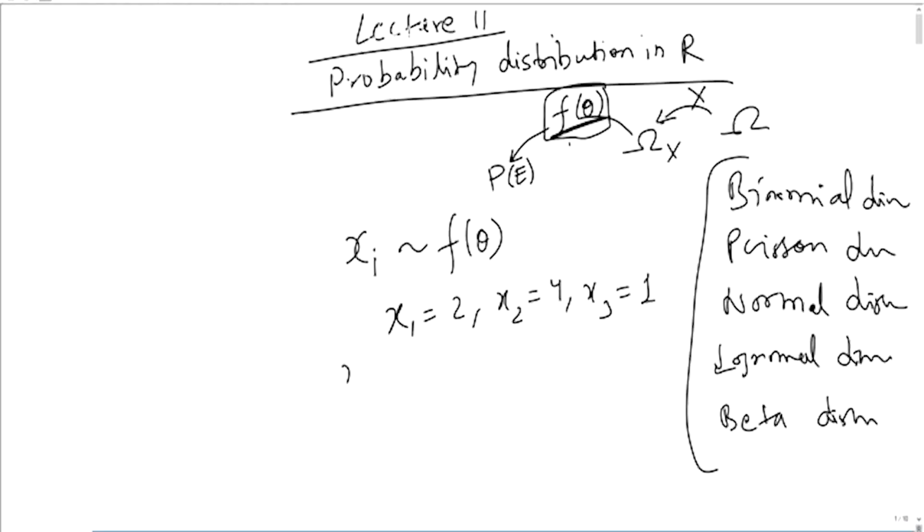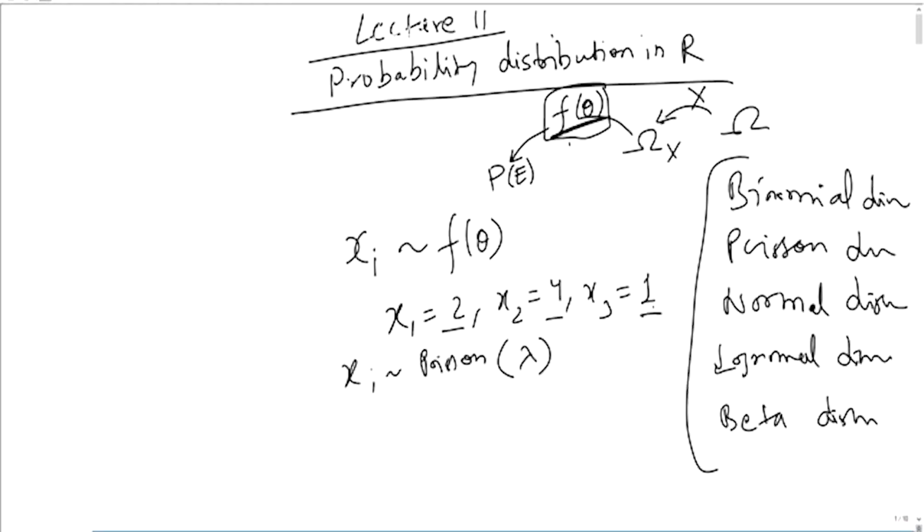So let's say you assumed that xi comes from a Poisson distribution with underlying rate of road accidents lambda, okay? Now given these data points, this is the number of accidents on day 1, this is on day 2, this is on day 3.